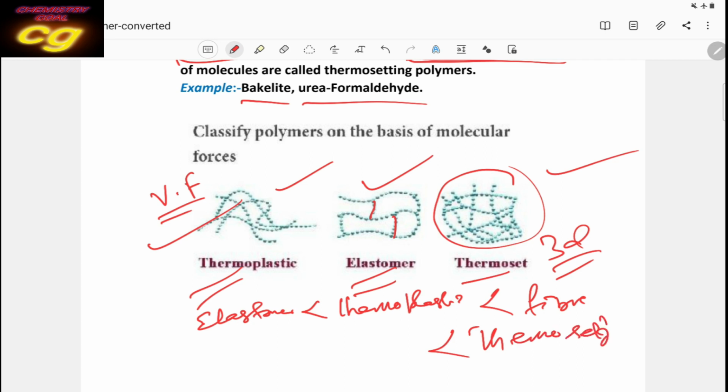So these are the types of polymer on the basis of intermolecular force. On the basis of intermolecular force, the polymers are of four types.